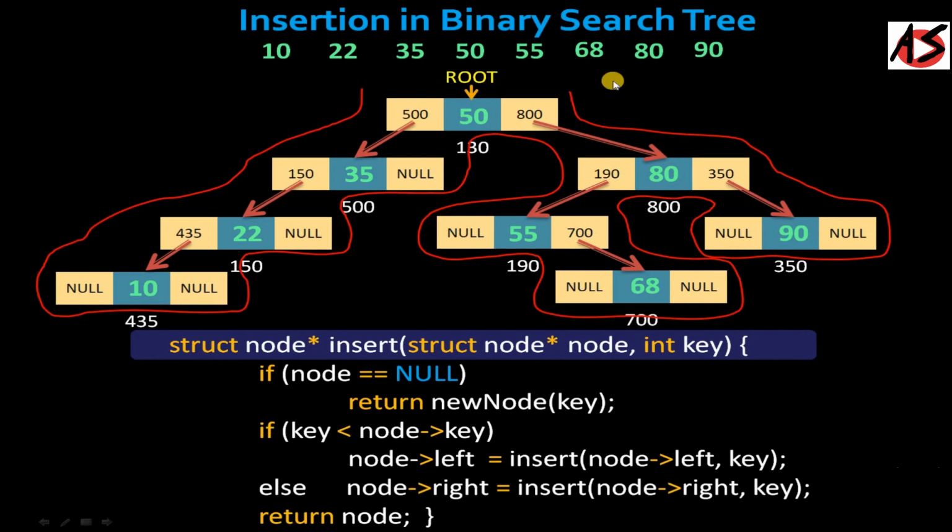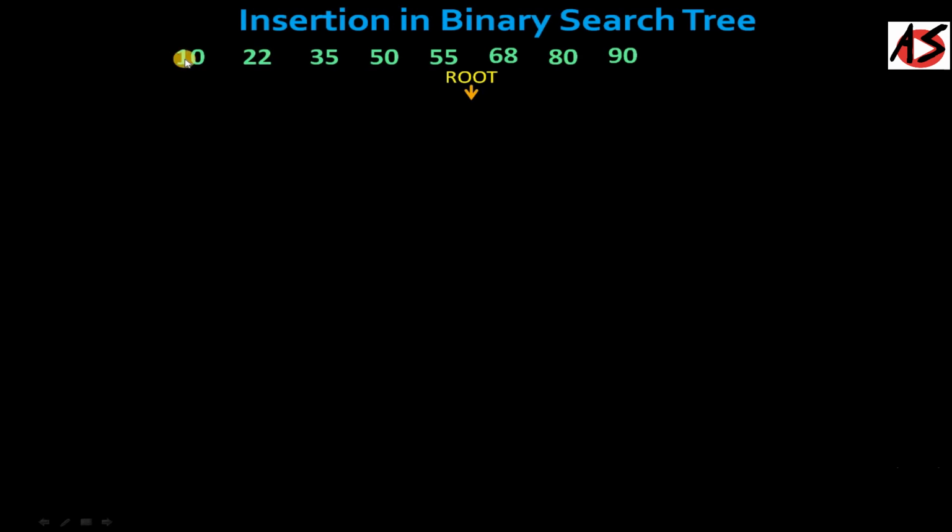Now, if you see the time complexity of a binary search tree, in the worst case, it is in order of h, where h is the height of the tree. But suppose your given elements are already in sorted order, and then you are inserting them one by one at the leaf side of the tree.